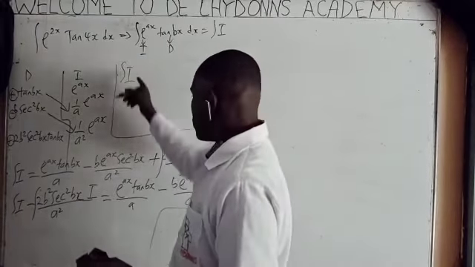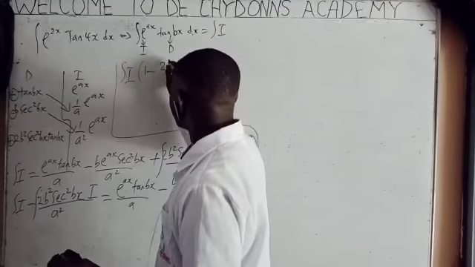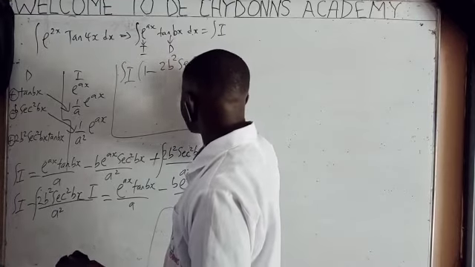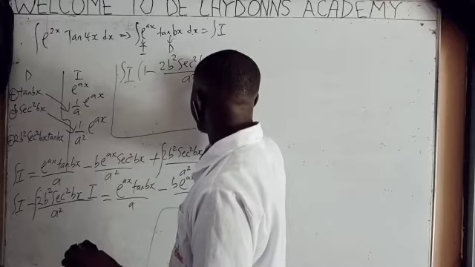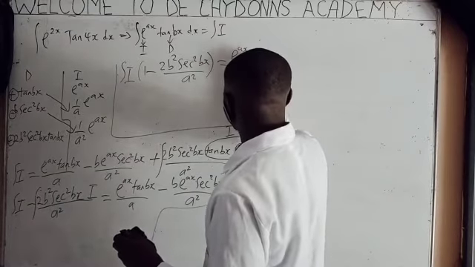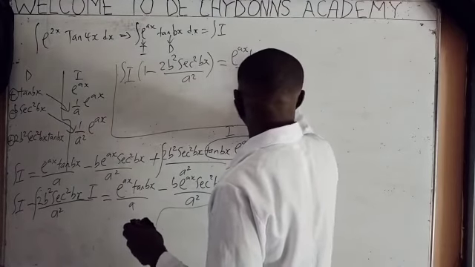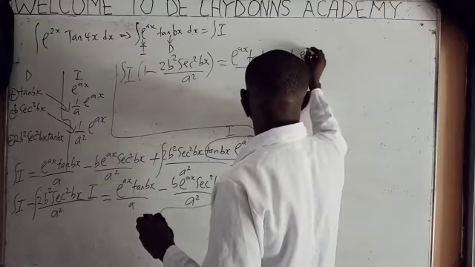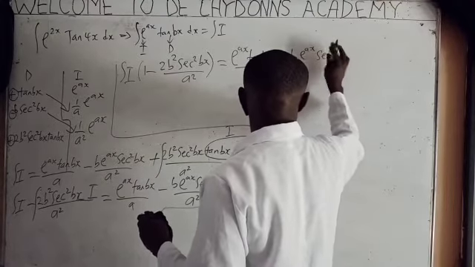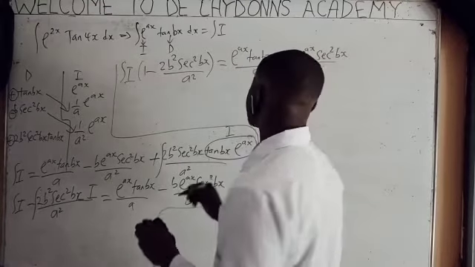Then factorizing, bracket 1 minus 2b squared sec squared bx all over a squared equals exponential ax tan bx all over a minus b exponential ax sec squared bx all over a squared.